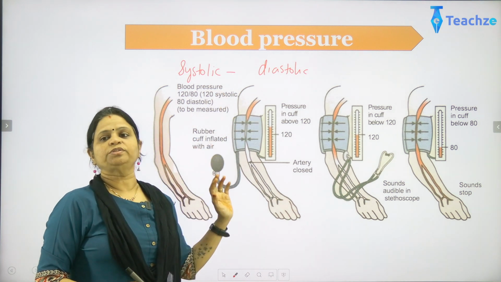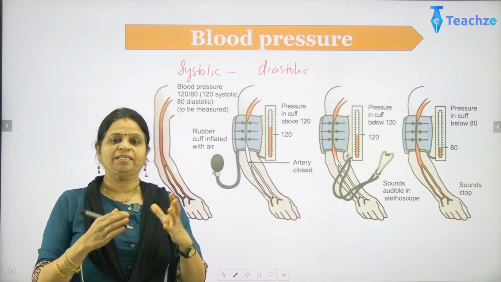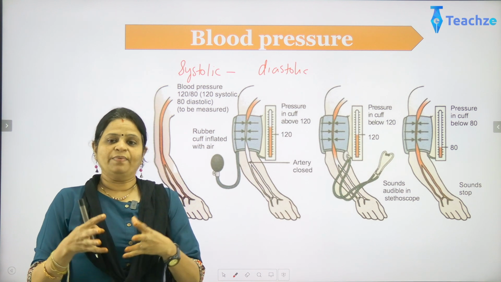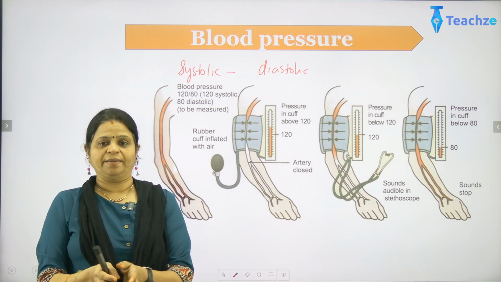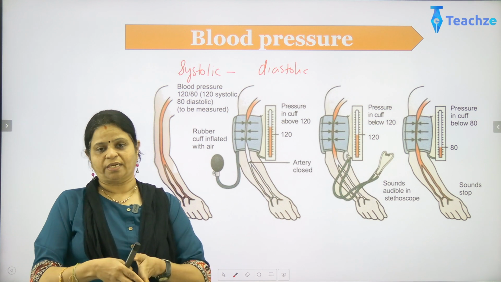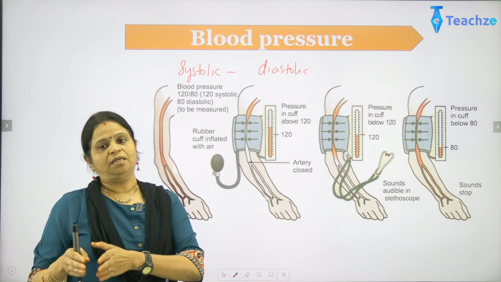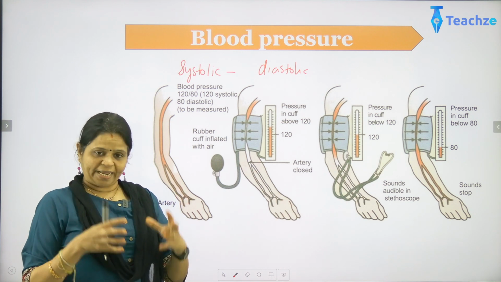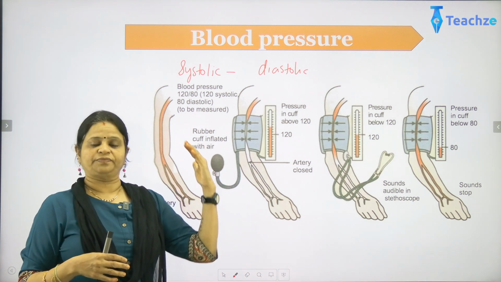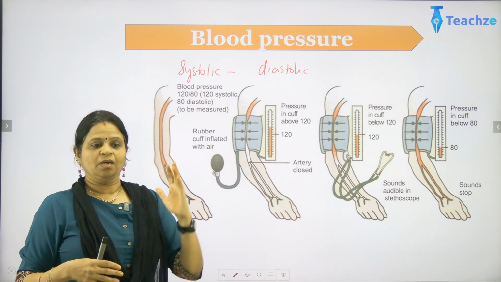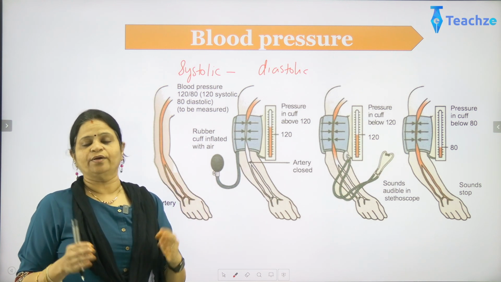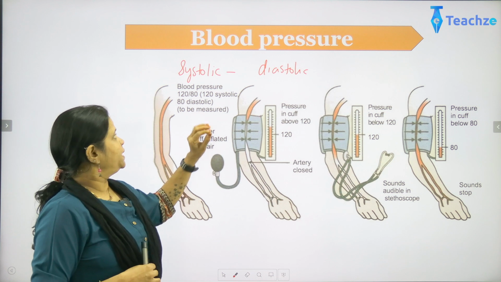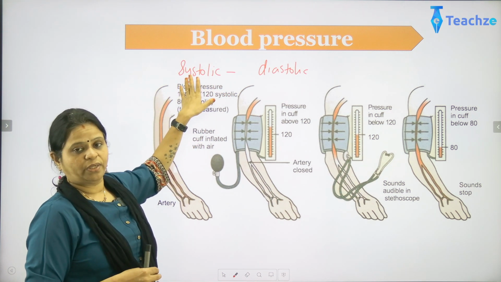Whenever the blood flows from the auricles or atria to the ventricles, the valves open at the same time through the pulmonary artery on the right side and the aorta on the left side. The pressure with which the blood flows through the arteries out of the ventricles is called the systolic pressure.